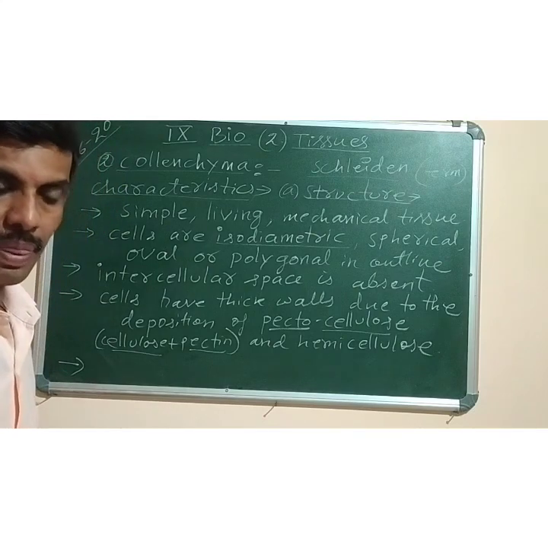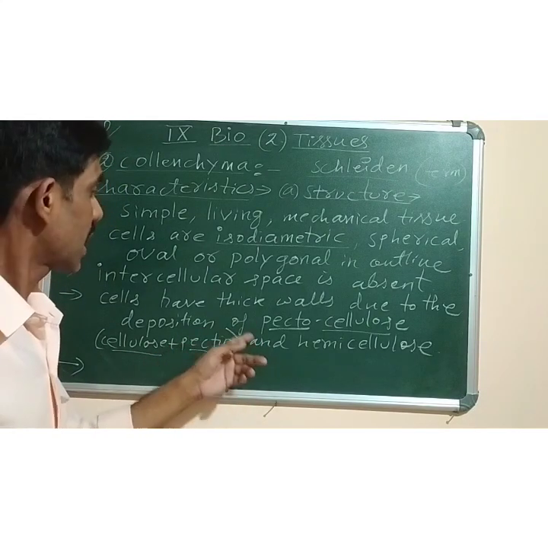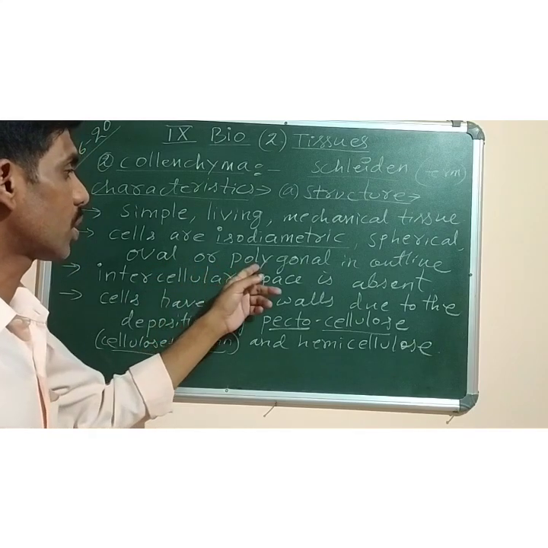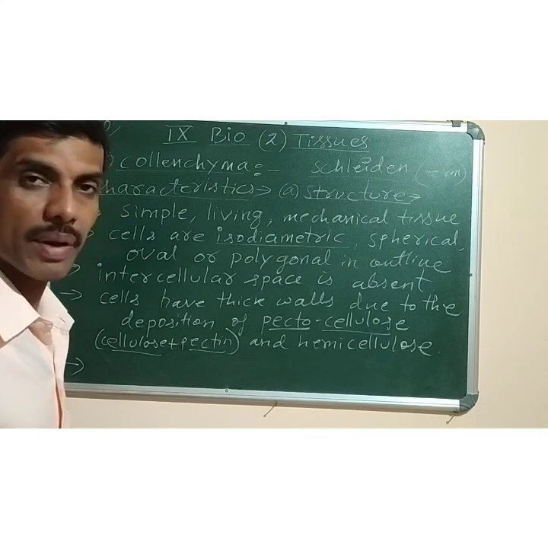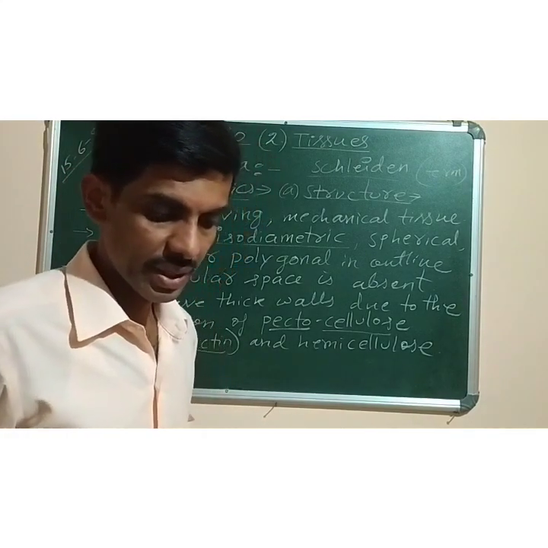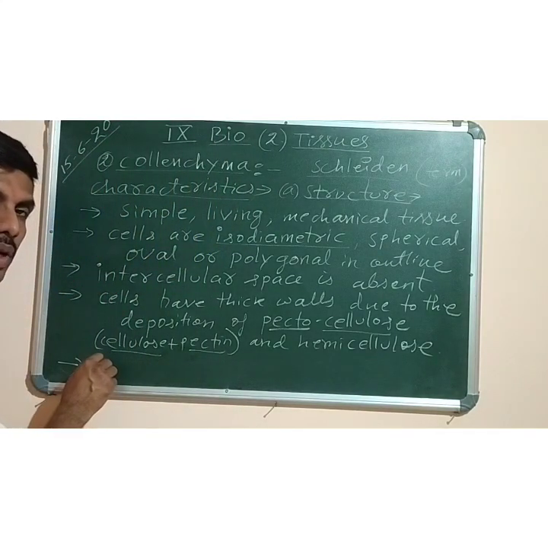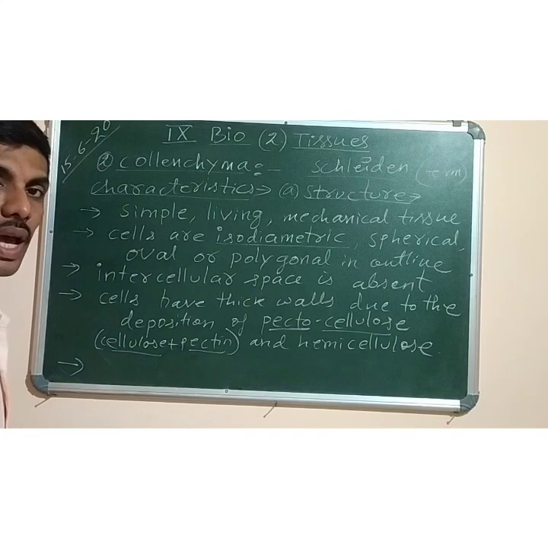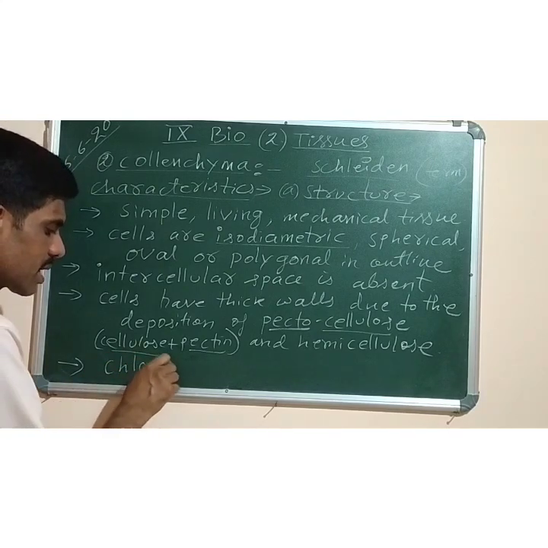The cells are living. They have got thick walls, and they are oval or polygonal in outline. They are providing mechanical support to the plants. That is why they are called simple mechanical tissue. Now next is this one. One last point, because some of the collenchyma cells help in photosynthesis, means chloroplast may be present in some of them.